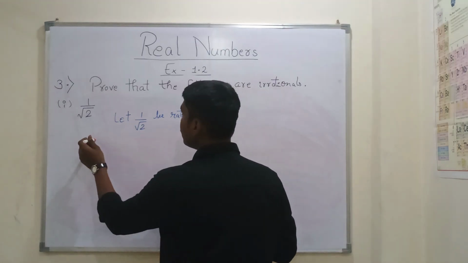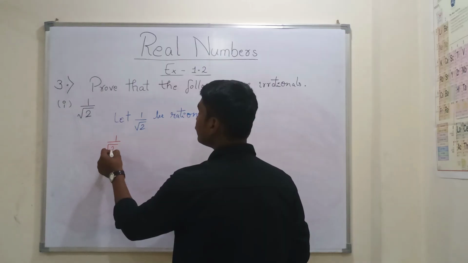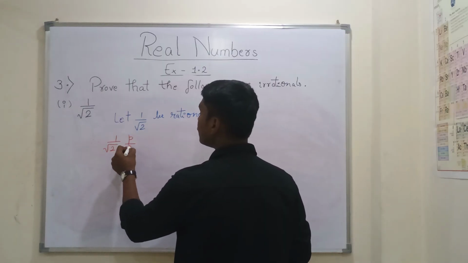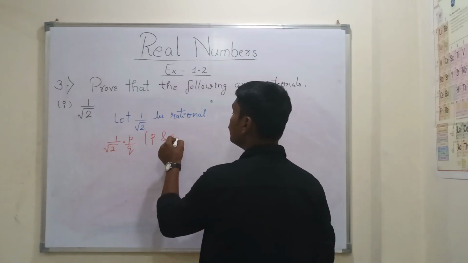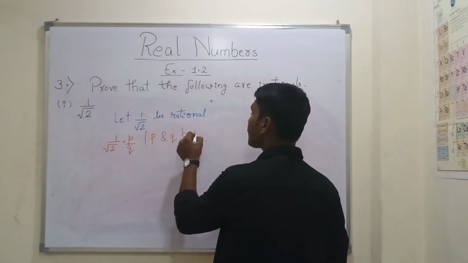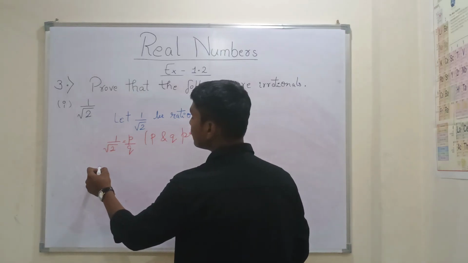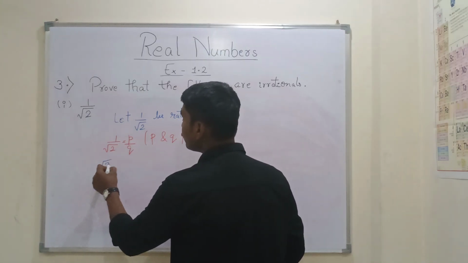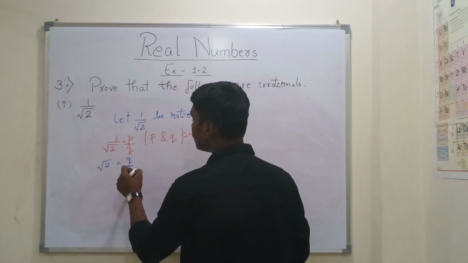So if 1 by root 2 is rational, then it can be written in the form of p by q for p and q prime. Now if we reciprocate the number, then root 2 will be equal to q by p.